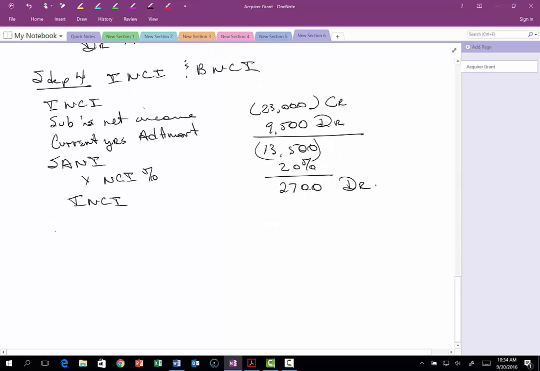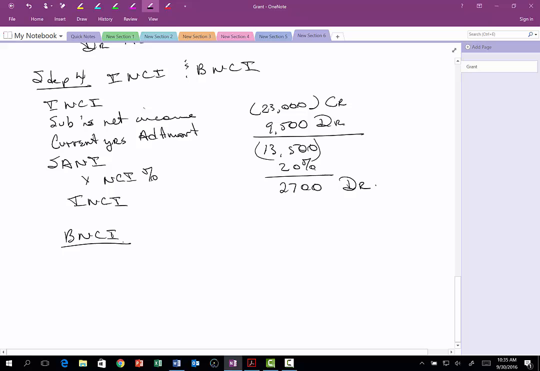So now BNCI. BNCI is basically the non-controlling interest portion of the sub's net assets, right? It's the part of the balance sheet that we're allocating to the non-controlling interest. Reality is we've consolidated 100% of the balance sheet, but we really only own 80%.